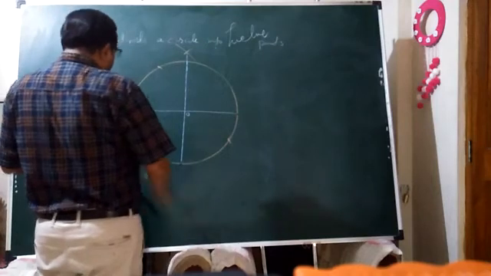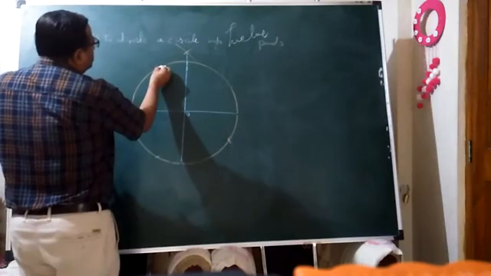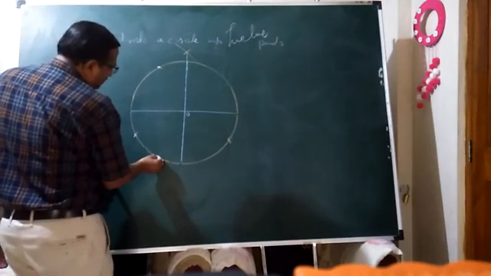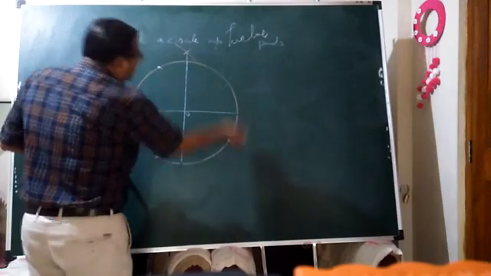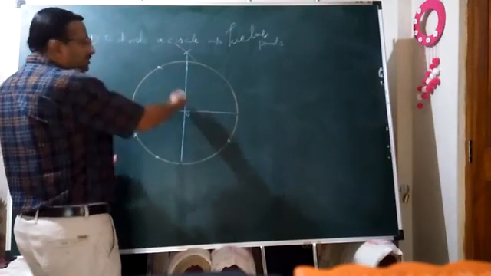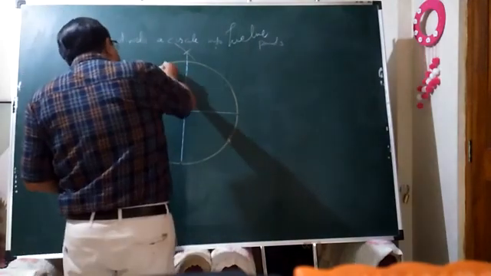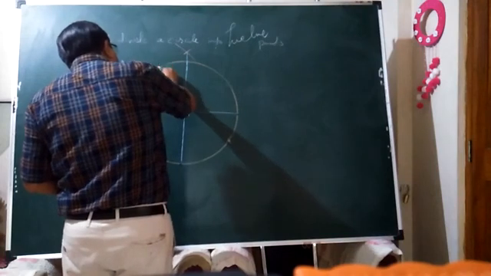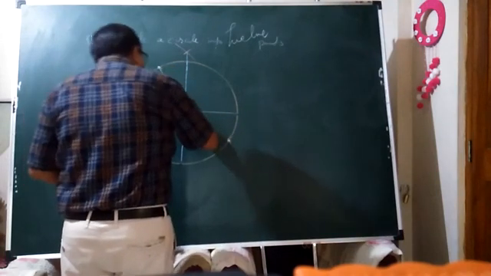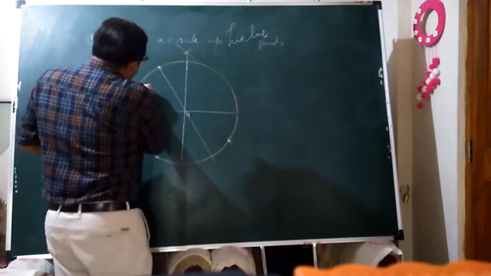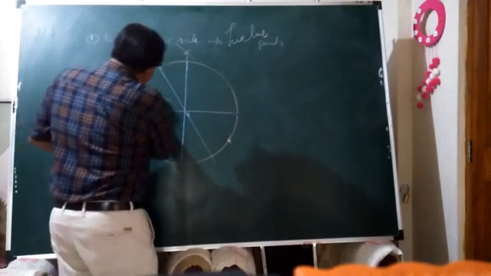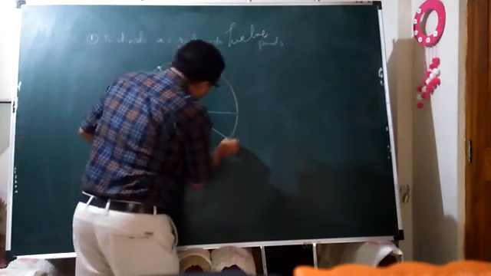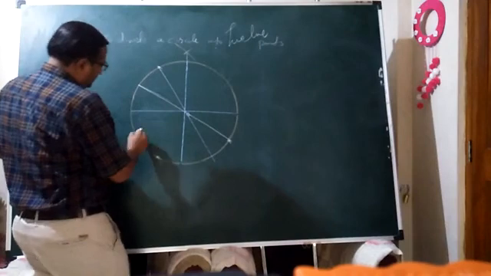Now, what you have to do? All these points which we have marked by compass on this periphery, make them pass through the center of the circle. So ultimately, you will have 12 equal divisions of a circle as per the desired solution. In this way, see here.